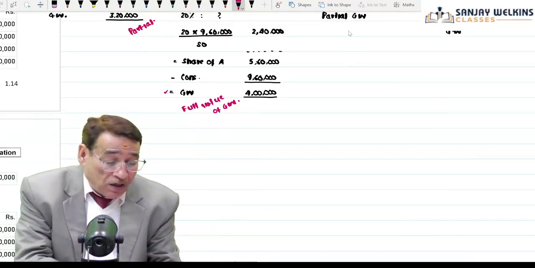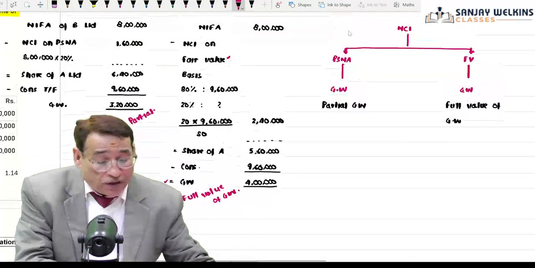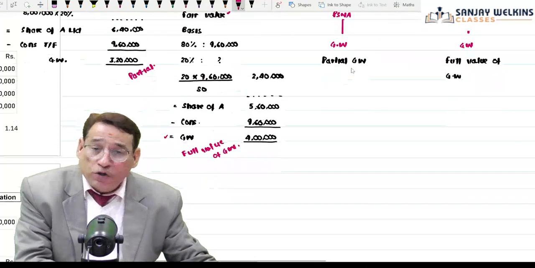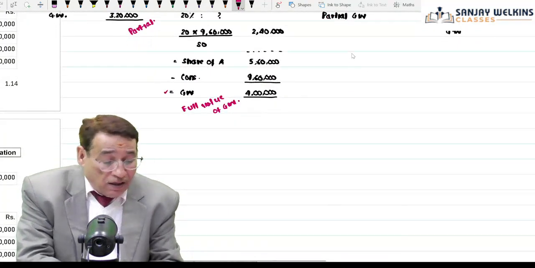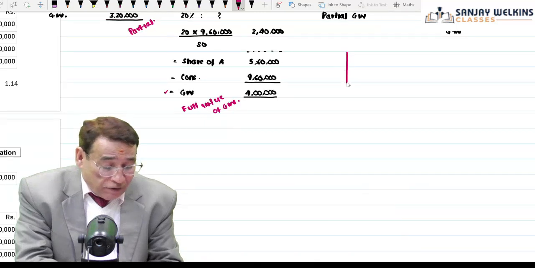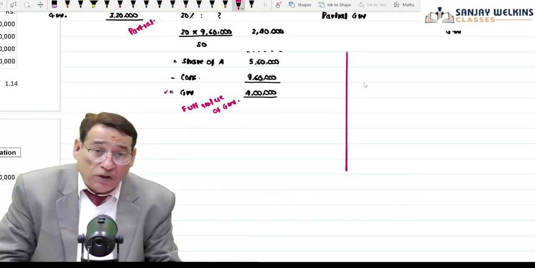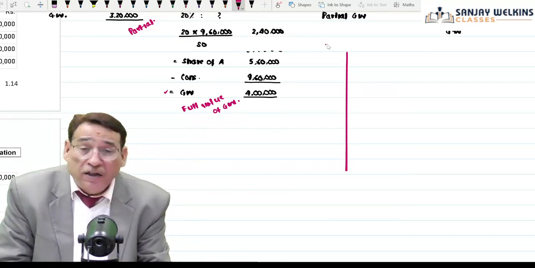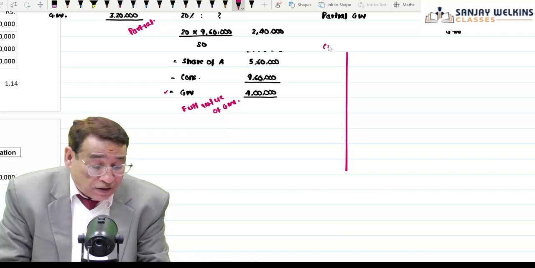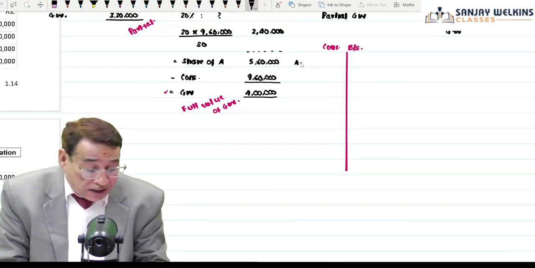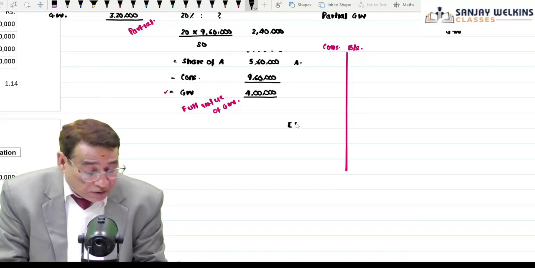Just pay attention. Let us presume that we have computed goodwill, and in order to compute it, NCI was valued on PSNA basis. Now ultimately we will have to prepare the consolidated balance sheet, which is our ultimate target. As you know, assets are written first and then equity and liabilities.